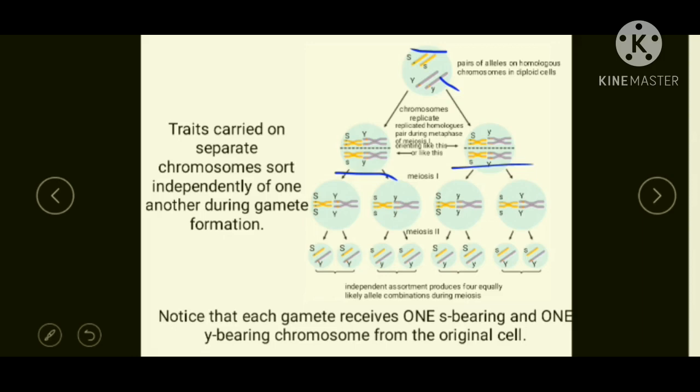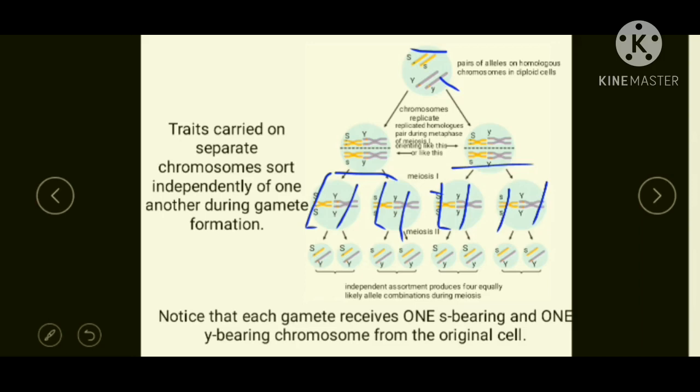Here, these and these are independent. These and these are also independent. Also here, this is independent, and this is also independent. Each of the four is independently sorted from the others.